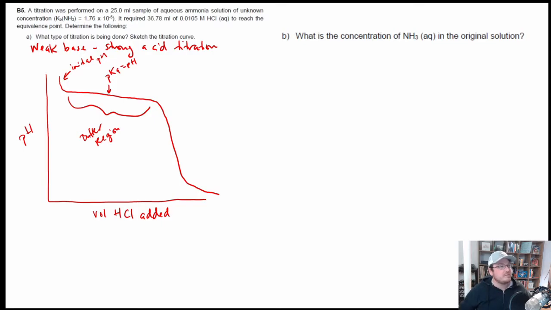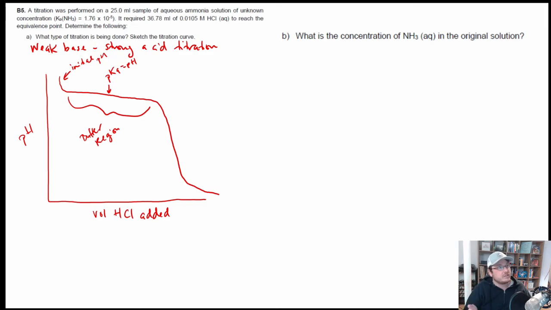You can prove that to yourself, because halfway between those two, the concentration of the ammonia should be equal to the concentration of the ammonium ions. If you take the log of 1, which is what it would be in that case, that's equal to 0. So pKa plus 0 is equal to the pH, and that means pKa is equal to the pH.